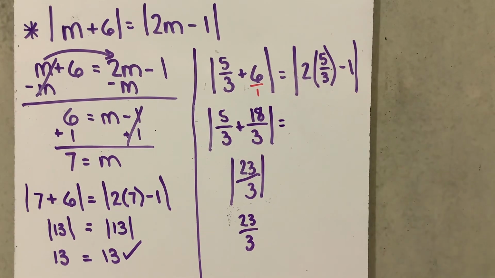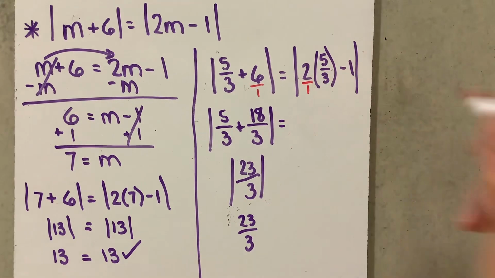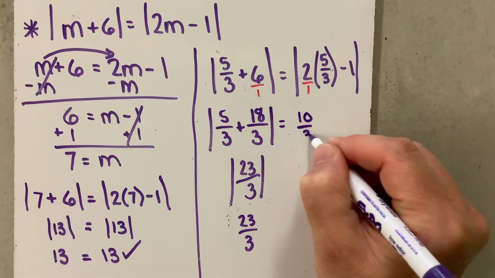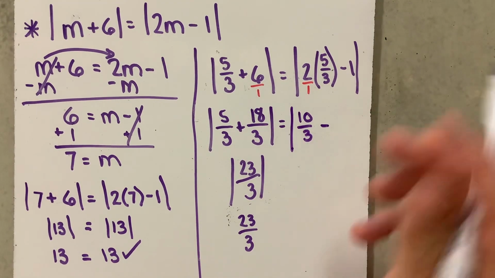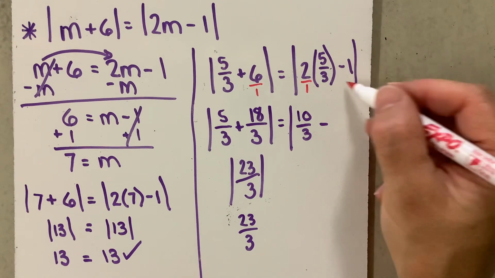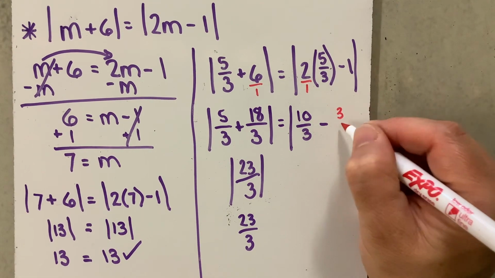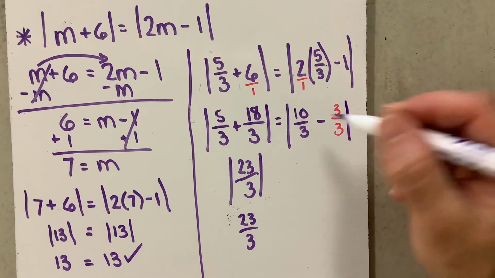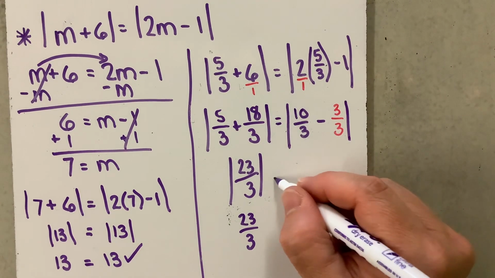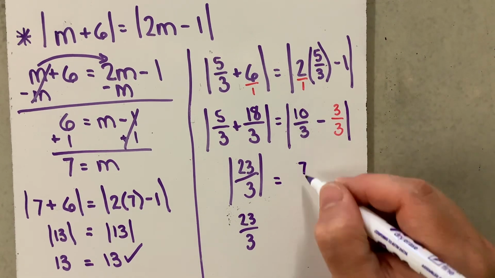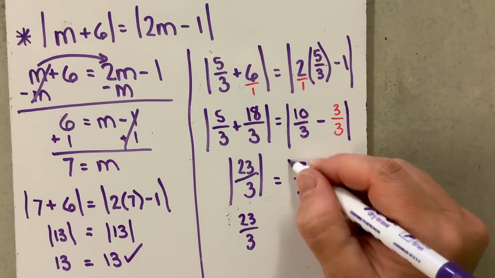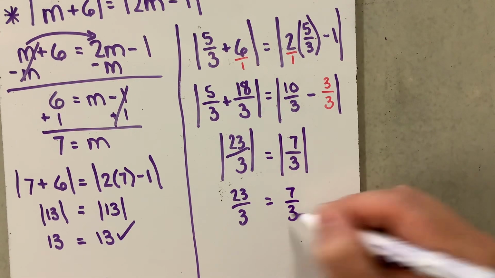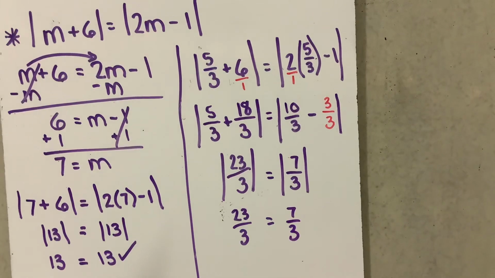Over here, I can put a 1 in the denominator. 2 times 5 is 10 over 3. Minus, well, instead of 1, I'm going to rename that as 3 over 3 to make it a little bit easier. 10 minus 3 is 7 over 3. The absolute value. Well, do those two equal?